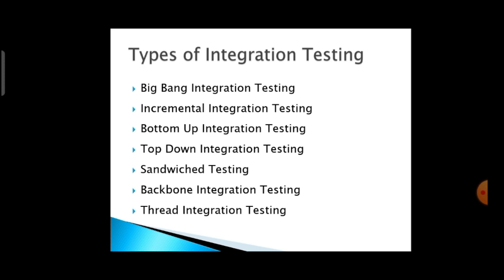And next is bottom-up integration testing. In bottom-up testing, each subsystem is tested separately, and then the subsystems are integrated and tested as a whole. A subsystem might consist of many modules that communicate among themselves through well-defined interfaces.